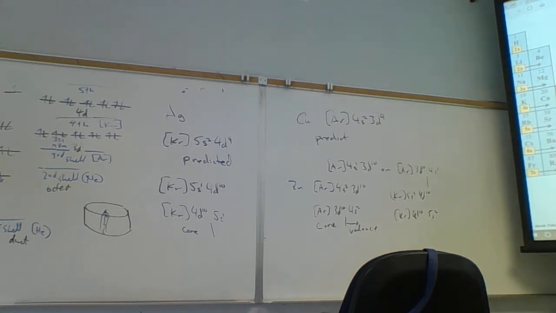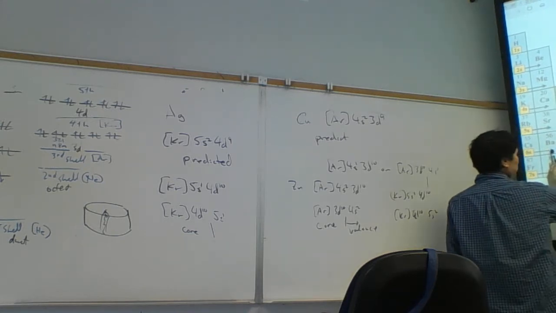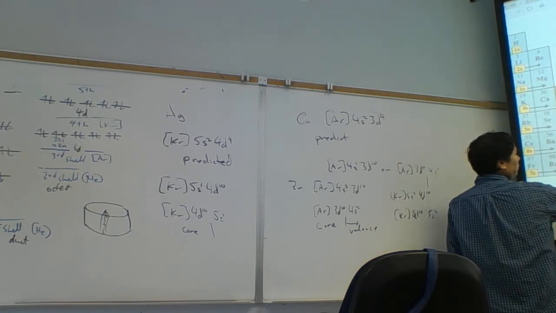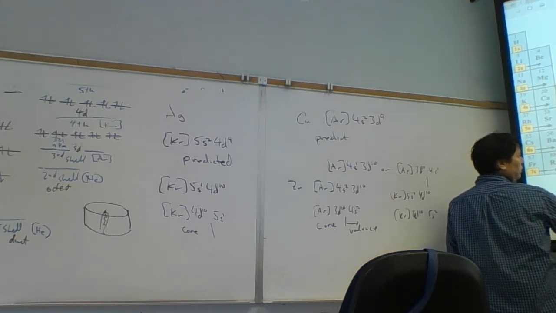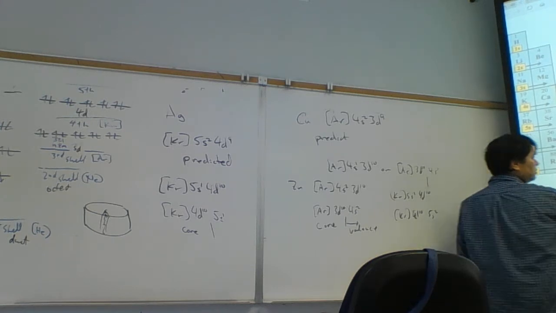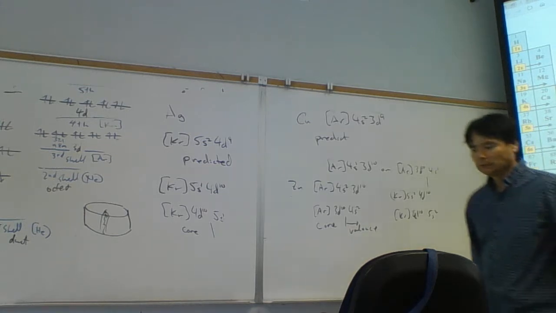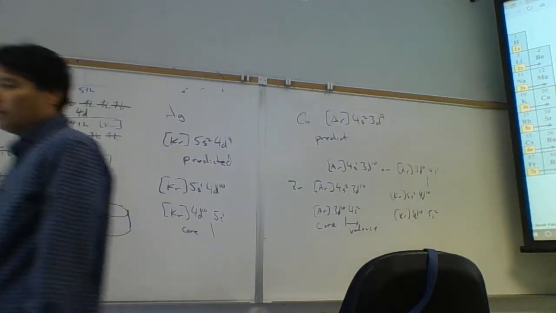We go up to 55. So I go 6s1, 6s2. And then I go, oh, weird, 5d1, and then 4f: 4f1, 2, 3, 4, 5, 6, 4f6. And then I'd be done. And so we use the periodic table to get our electron configurations, just based on the shell.